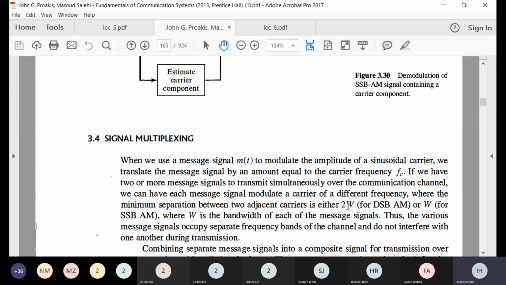The spectra of adjacent carriers must not clash with one another or interfere, which is why the distance between them will be equal to 2W. But if you are sending single sideband, the bandwidth will be W, so the difference between your carriers will be W, because you are just sending half of the band.